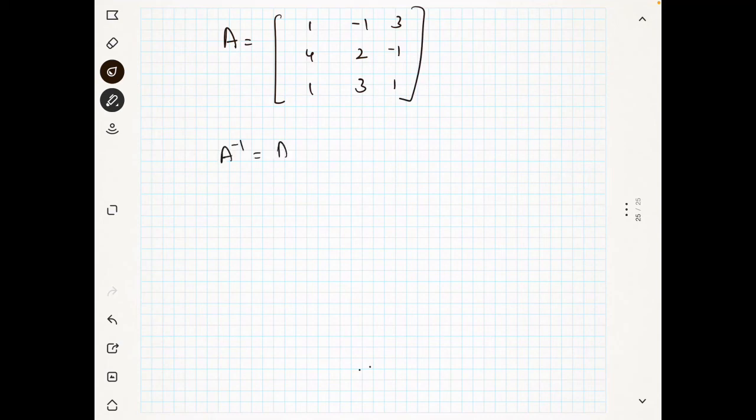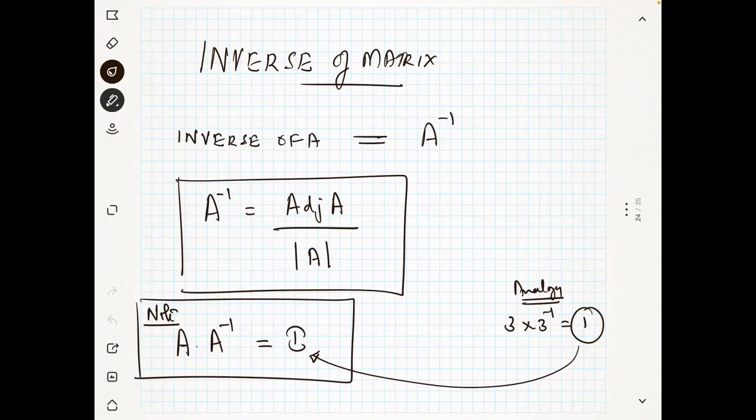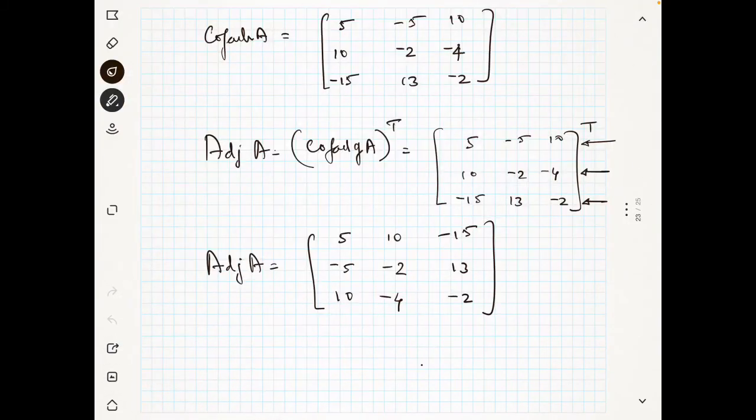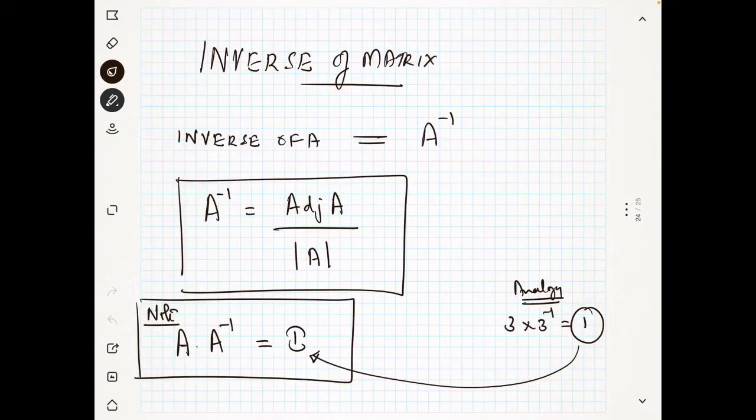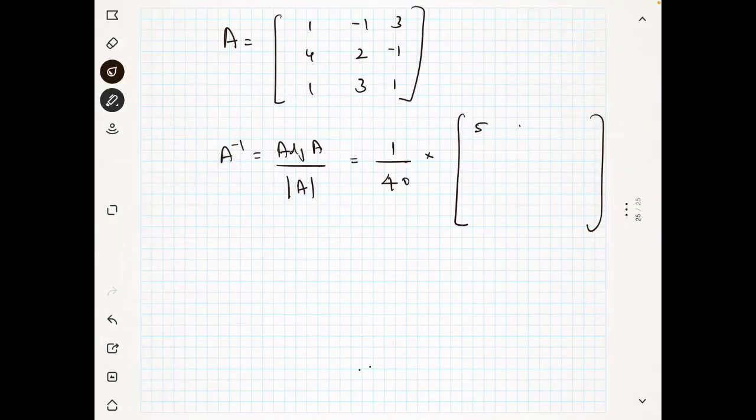It is adjoint of A by the determinant of A. The determinant of A was 40. So 1 by 40 multiplied with our adjoint of A, which I will write: 5, 10, minus 15.